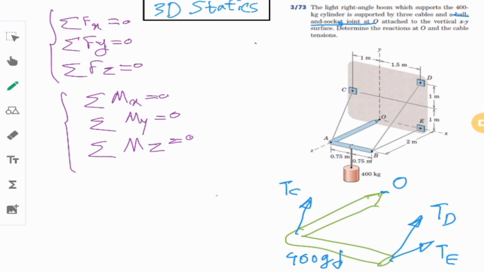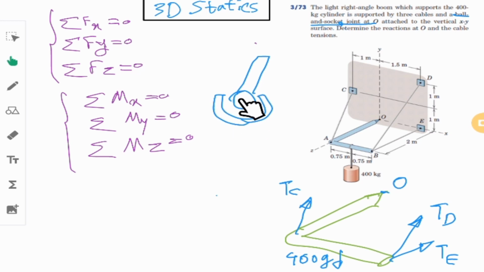Ball and socket is like a ball inside the socket, and as you can see, if you connect the rod to this ball, it is impossible to move this guy to the left, right, or up, down, or out of the plane, but it is possible to rotate this guy inside the socket in any direction.